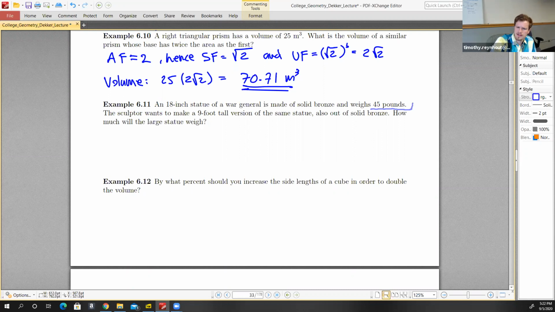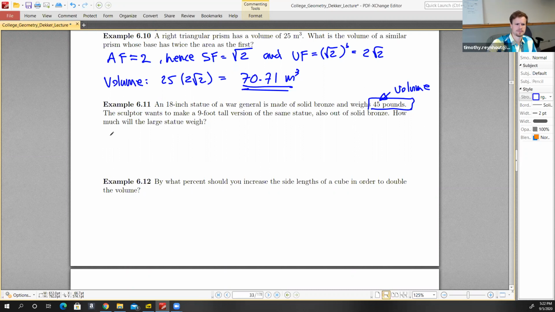So we don't have a weight factor, but we can think of pounds, right? Bronze has a particular density, which is pounds per cubic foot, or pounds per cubic inch, however you want to think of it. So this is associated to the volume. So we can multiply this by the volume factor to get the weight of the solid bronze.